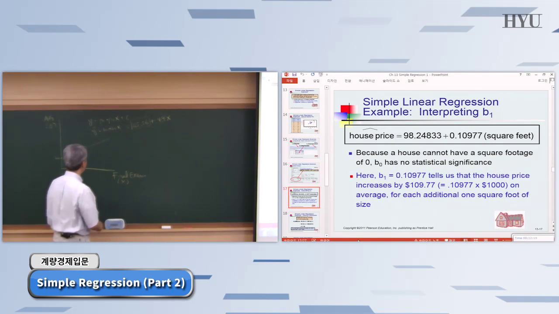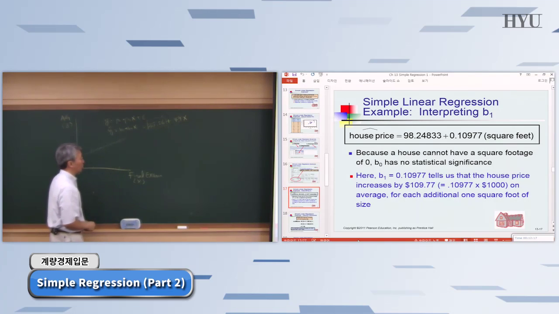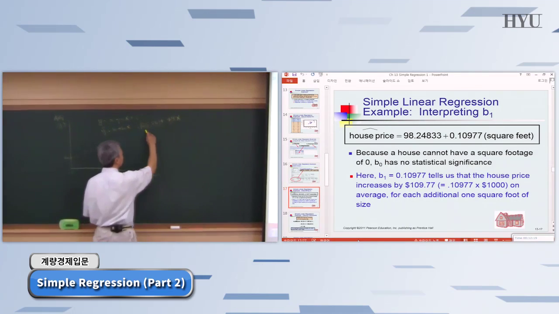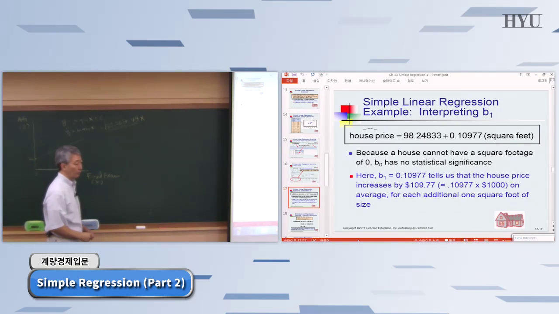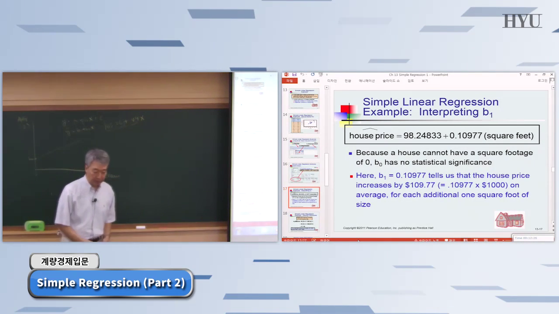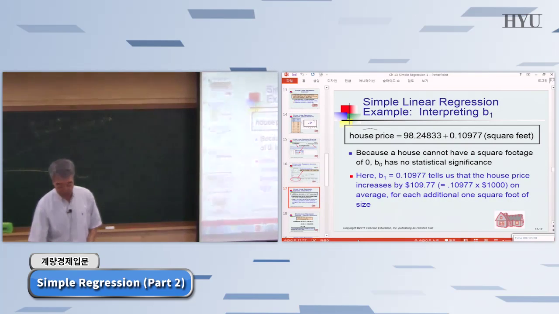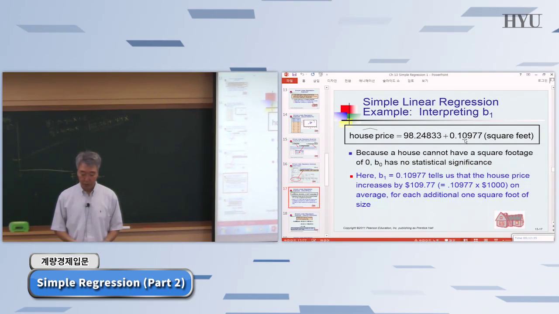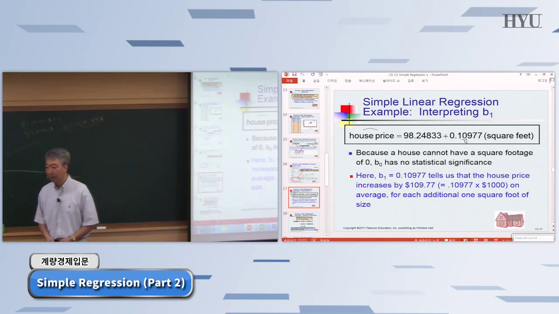Once you estimate this relationship, ultimately we're going to use this equation for prediction purposes. This is a different example, but here we have 98 plus 0.10977. So in case you have a house with, say, 2,000 square feet, you want to know what will be the price of this house, on average, in the market.